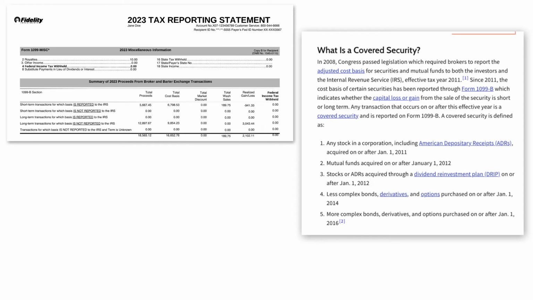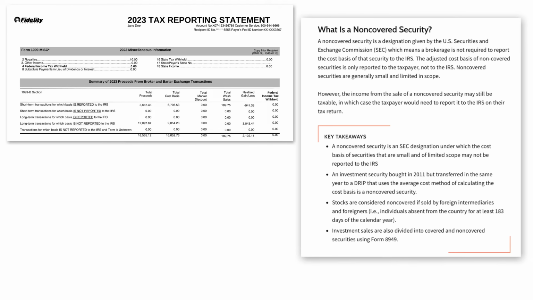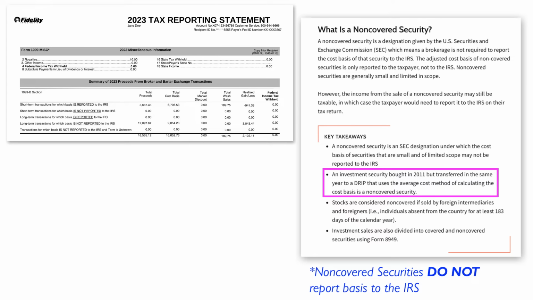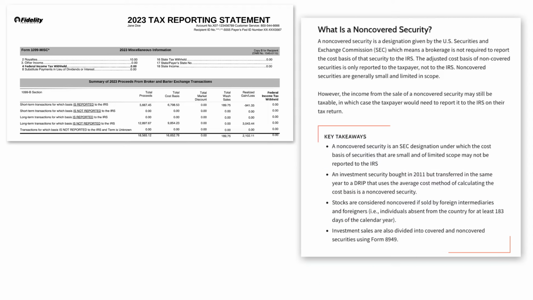Bases reported to the IRS means that the broker has electronically reported your purchase price to the IRS. If it says that it doesn't report the basis, it means that the broker didn't send that information to the IRS or that the security was acquired prior to 2011 when it was not mandatory to do so.